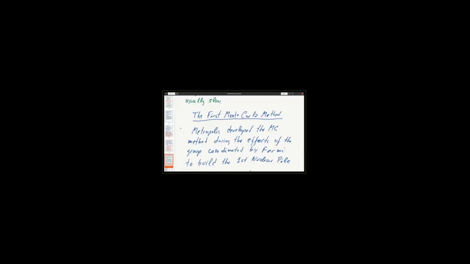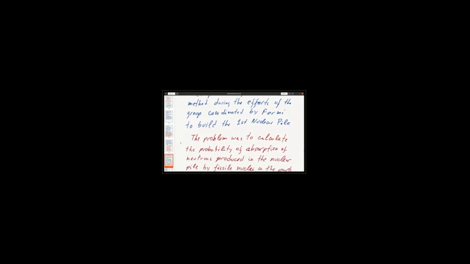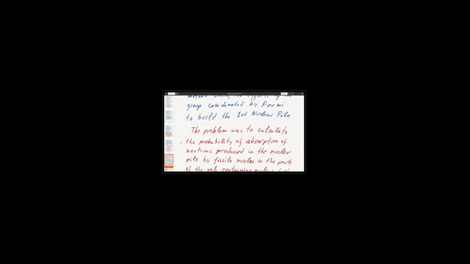So the first Monte Carlo method was developed by Metropolis, who was working with Fermi in the efforts to build the first nuclear pile in the United States. So nuclear fission had just been discovered. There was the development of the nuclear bomb in the Manhattan Project.